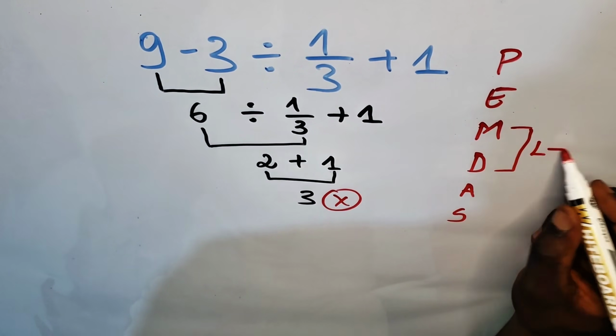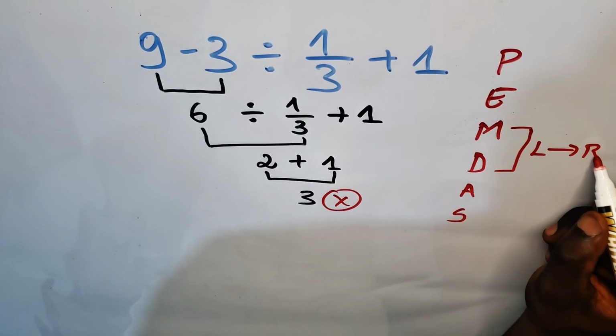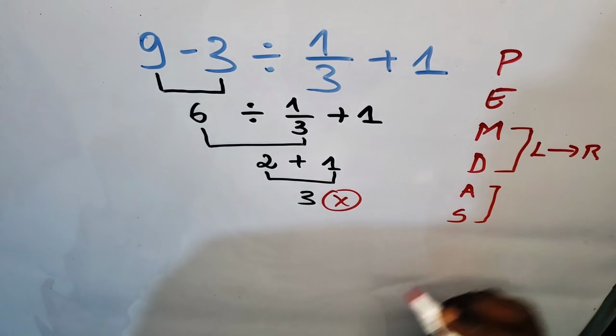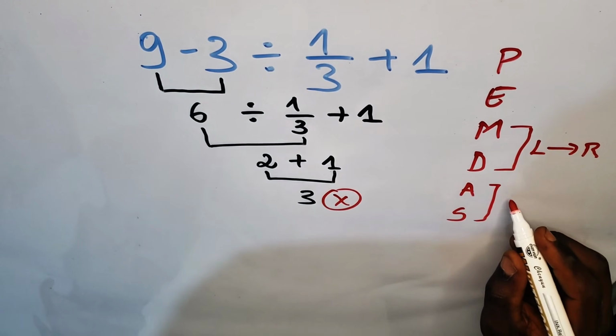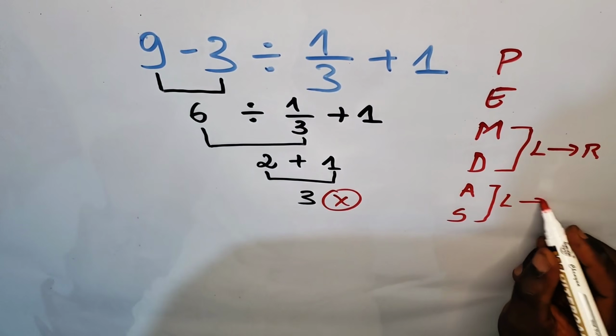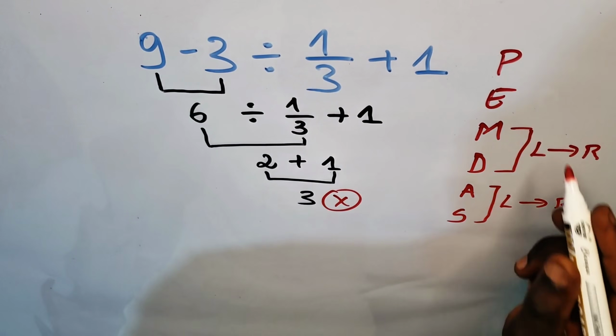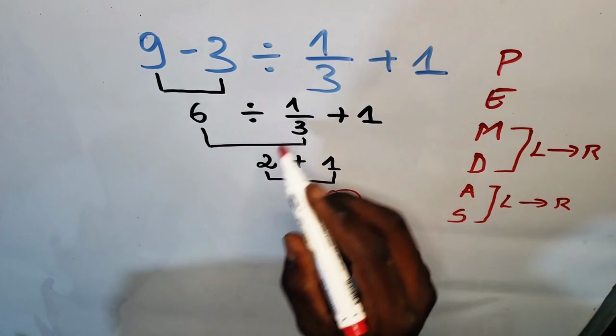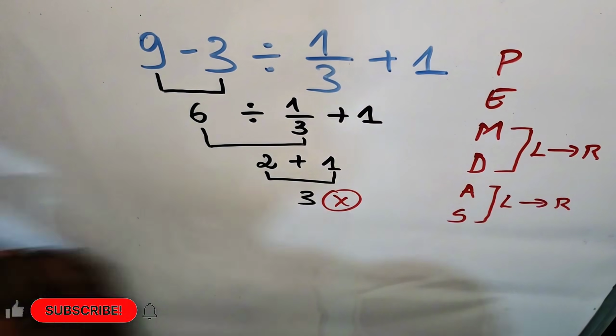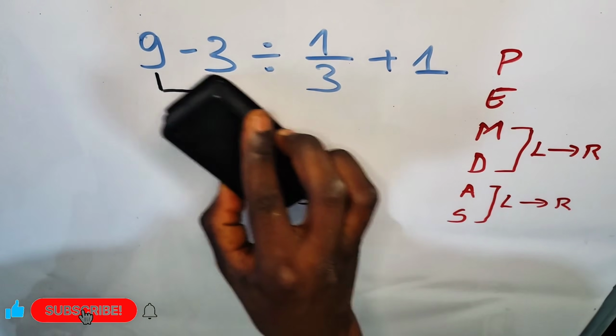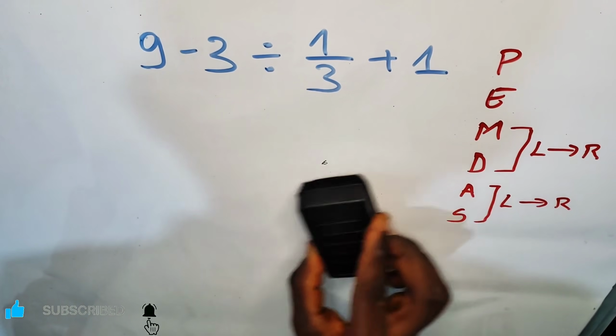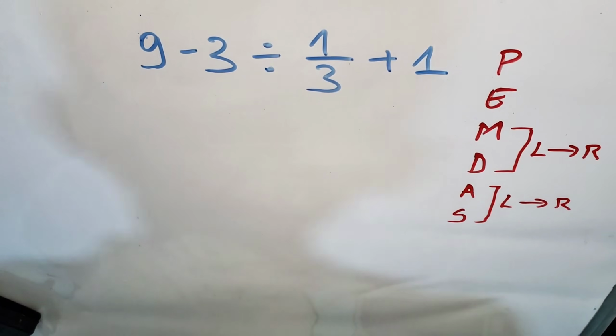So you solve them moving from left to right. The same for addition and subtraction, which are solved from left to right. Now that we know this, we'll come back to our initial expression and solve it using the good method.